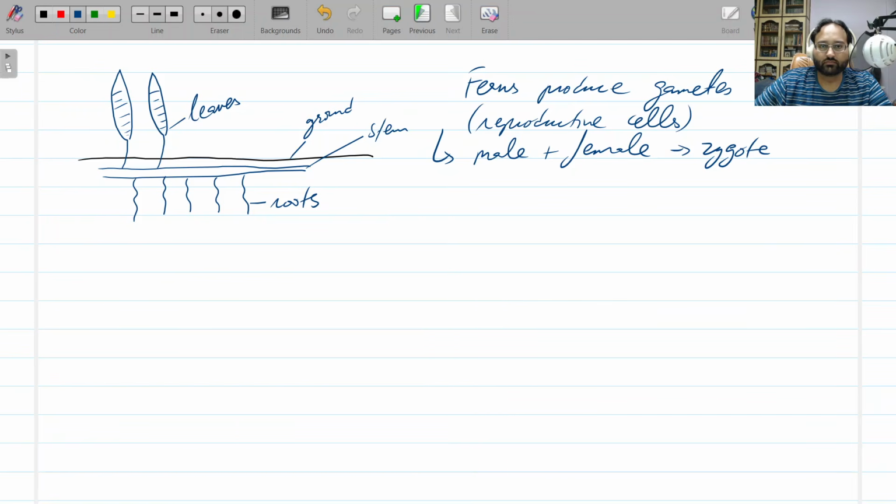And that zygote gives rise to a fern plant. It produces spores, so they are sporangia. The zygote acts like a seed to produce another of the same plant. It's not a seed, but the zygote is like the very initial stage of a new plant.